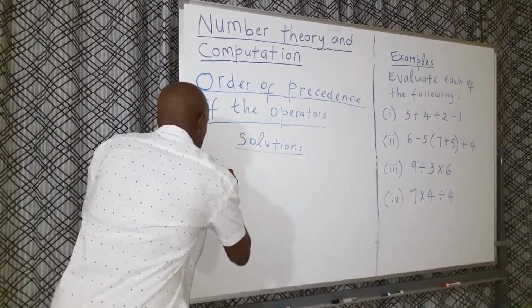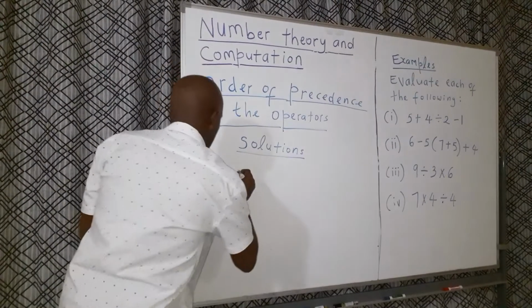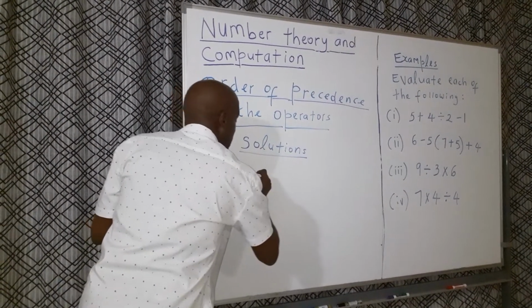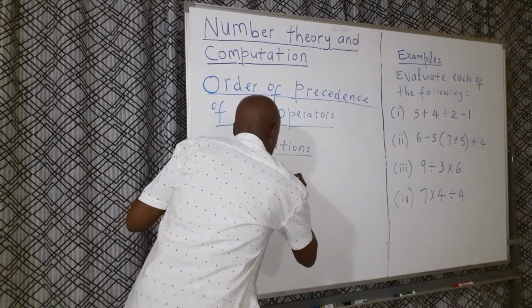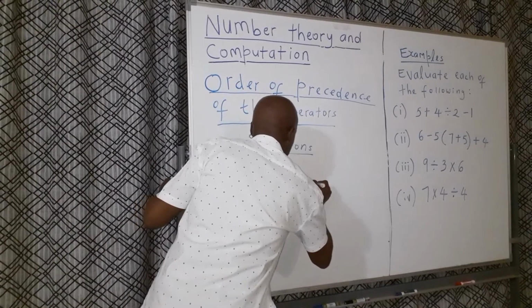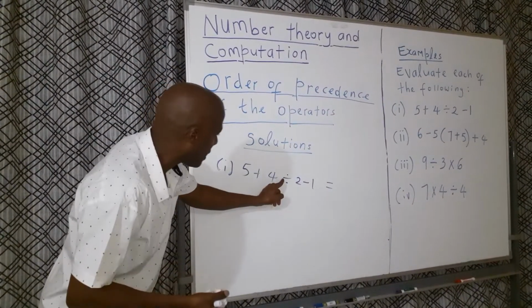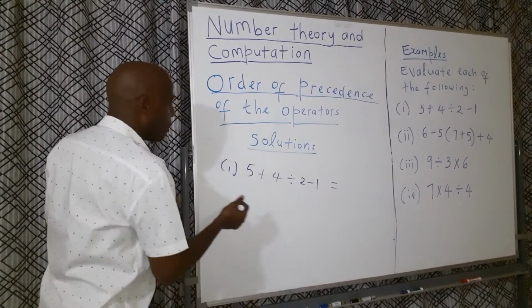From the beginning, write the question first. That which is given is equal to. You always try to write the question first. That which is given, show what the question was before, is now equal to. Because division takes the highest order in this case, because it's higher than addition and subtraction, we must divide first.